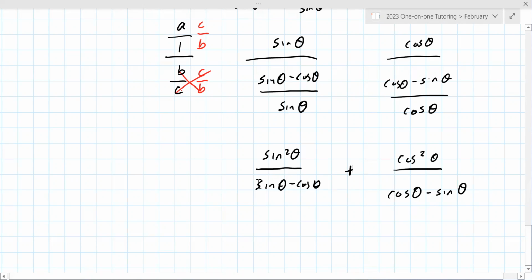Do you see how sine is positive and cosine is negative, but over here cosine is positive and sine is negative? So you can't work with that directly. You have to take a negative out of one or the other. It doesn't matter which one, but I would recommend taking the negative out of this one on the lower right.